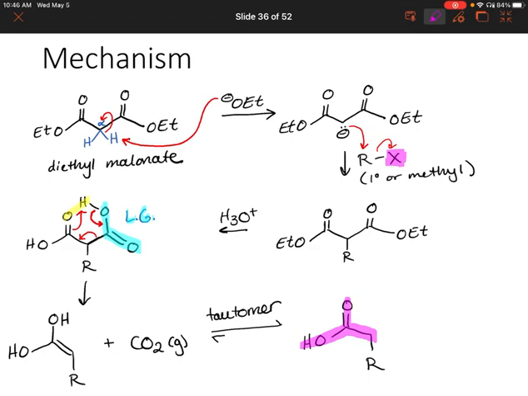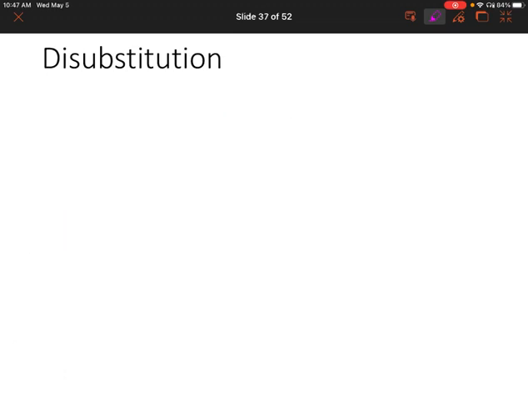Okay, now you can also perform a disubstitution. You don't just have to substitute this once. So let's talk about how to add two alkyl groups to our diethyl malonate, and then what that would result in once we add some acid.